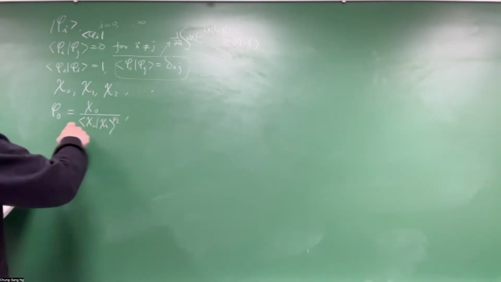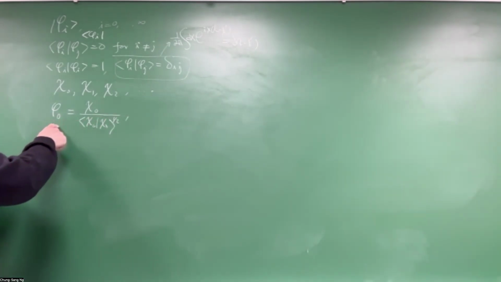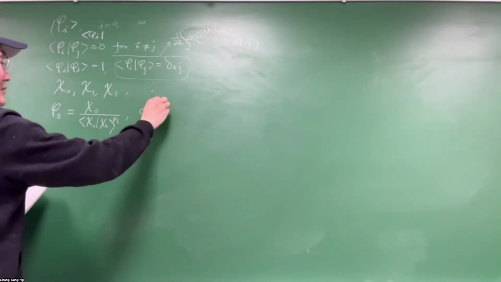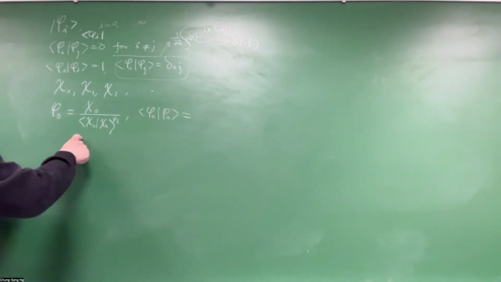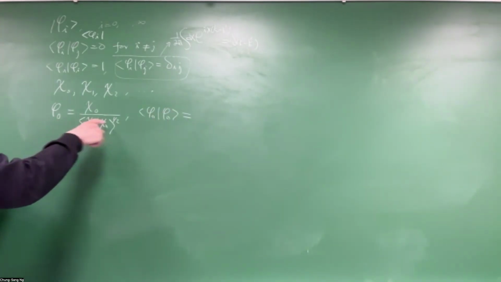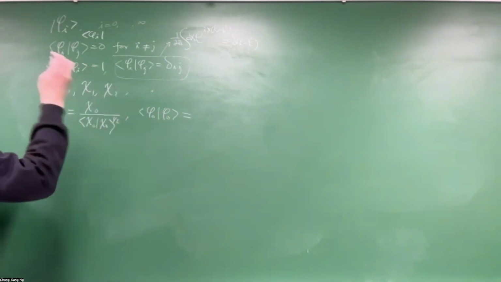Now you can check that this is normalized, the scalar product of phi 0 with phi 0. It's quite straightforward.